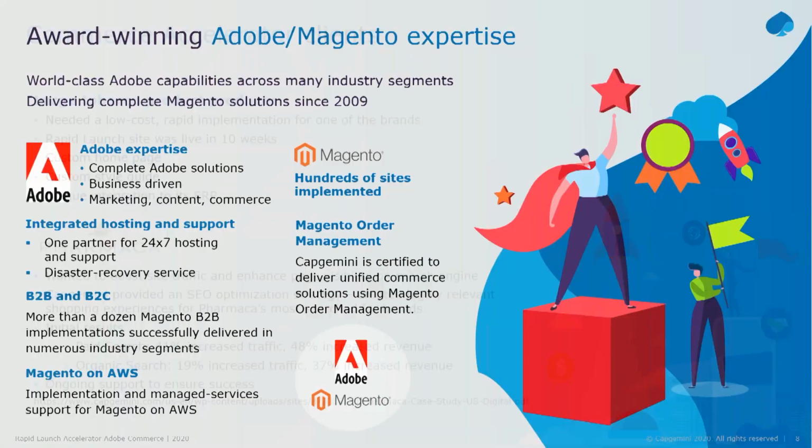And our practice is an award-winning practice. We've done so much work. If you see from the Magento perspective, before they were bought by Adobe, we've launched hundreds of sites, and have world-class capability. On the Adobe side as well, we can provide the complete suite, so all of their products, so AEM and Campaign and DAM and all of the products together with obviously now Adobe Commerce Cloud and Magento.